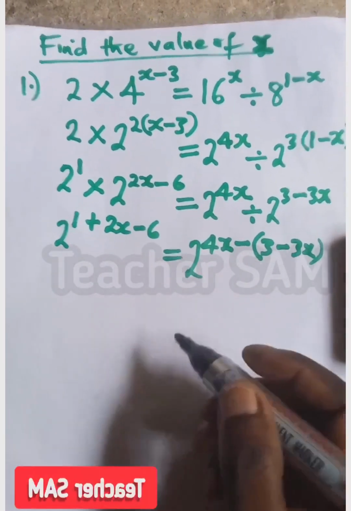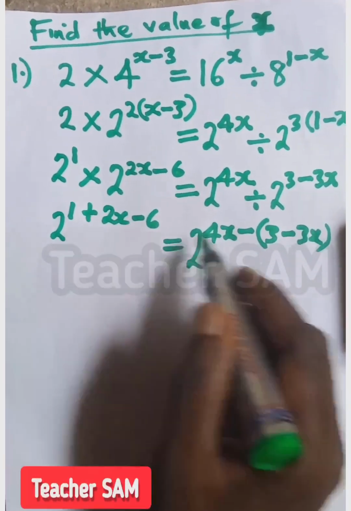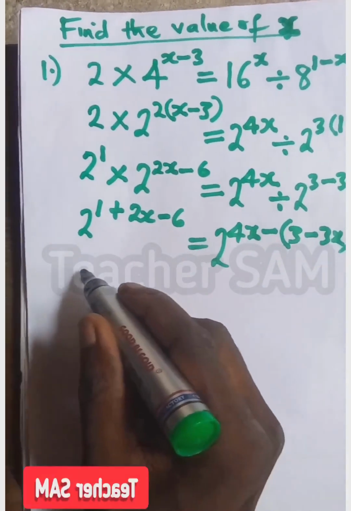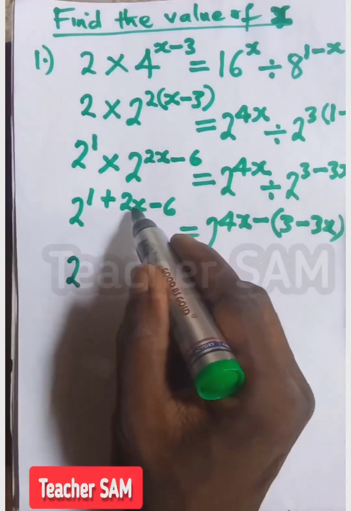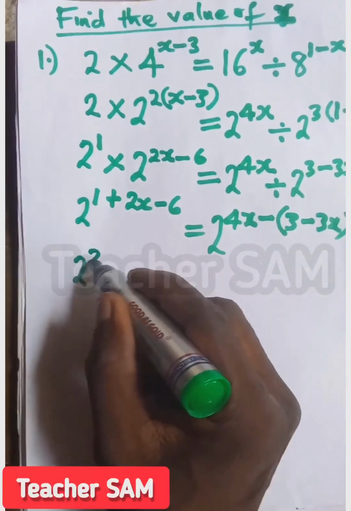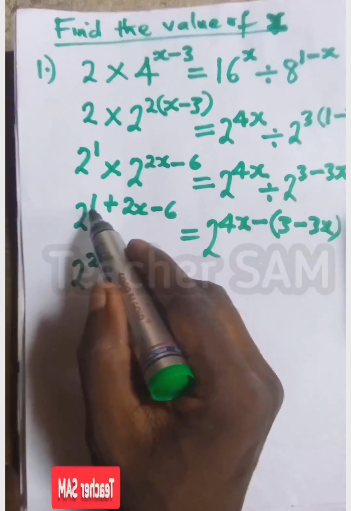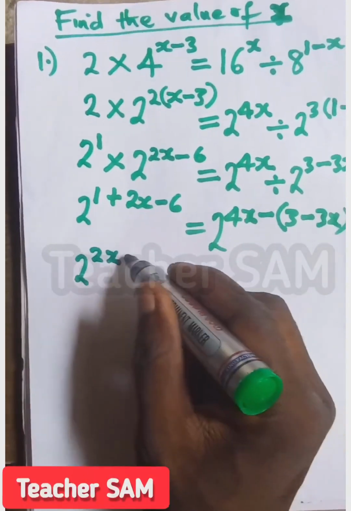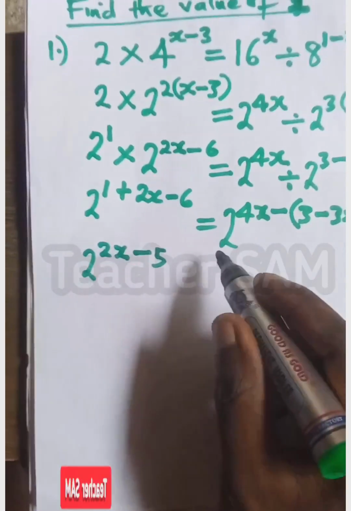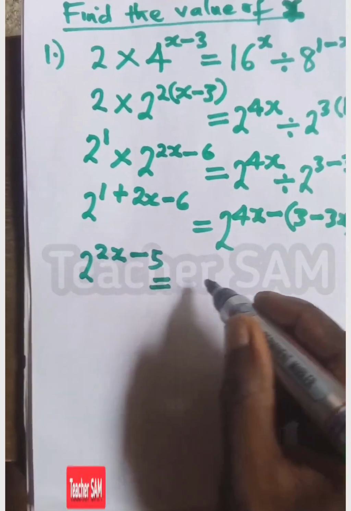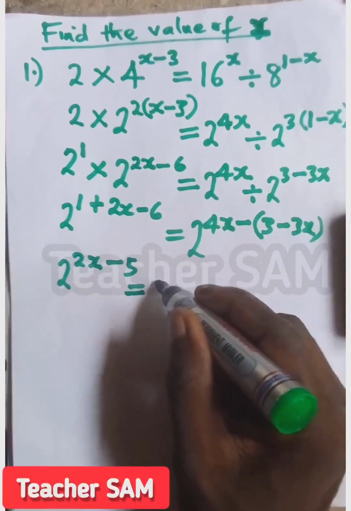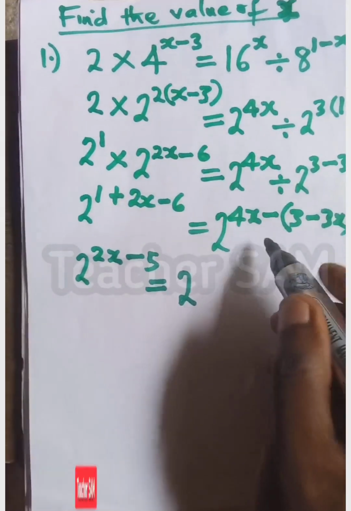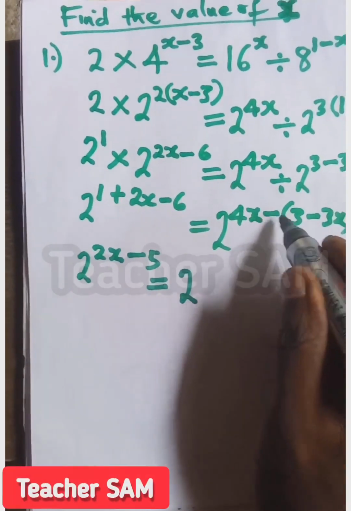So let's move on. Now let's clear the brackets and collect like terms where we need to collect like terms. So this will be 2 raised to the power, I have my x here, so I have 2x there. Now 1 minus 6 is minus 5, equals to 2 raised to the power. So I'm going to use this to clear the bracket.